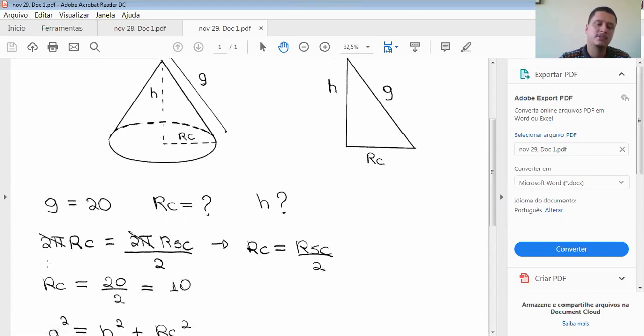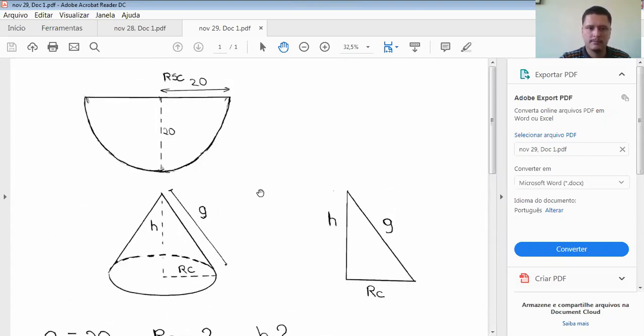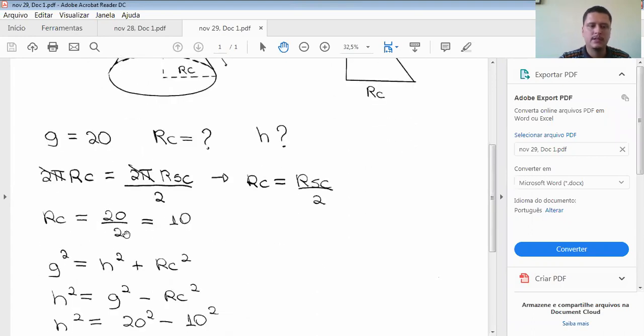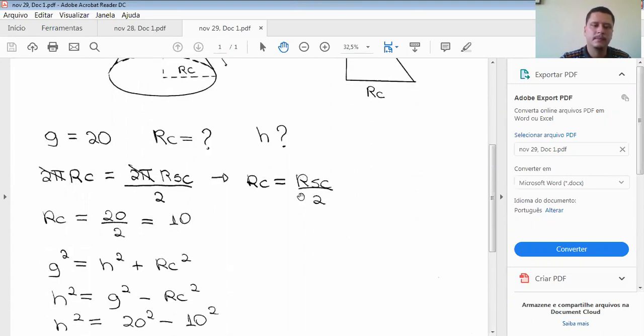Then we get to RC equals, what is the value of RSC? 20. 20 divided by 2 equals 10. So now we have RC, which is 10, G, which is 20, and we can use the Pythagorean theorem to calculate the height of this triangle, which is, in essence, the height of the cone.